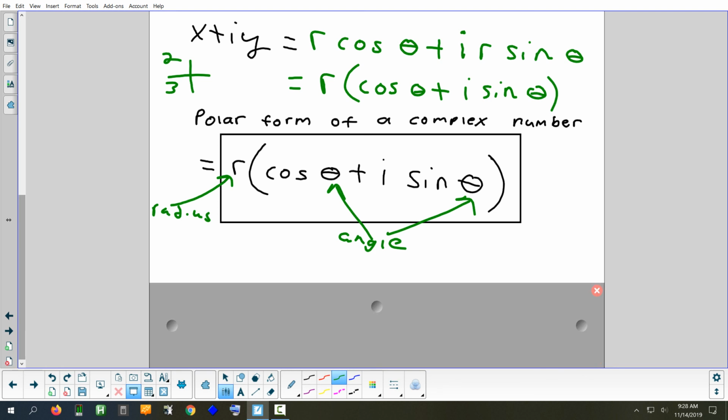So let me show you what a final answer would look like. I'm just going to make up something. This is a final answer to a problem: 2 cosine 15 degrees plus I sine 15 degrees. That's it. That's a final answer. Don't do anything else to it.